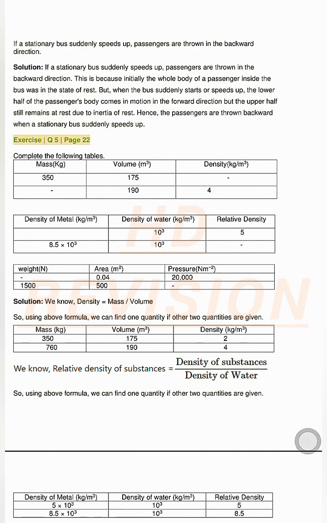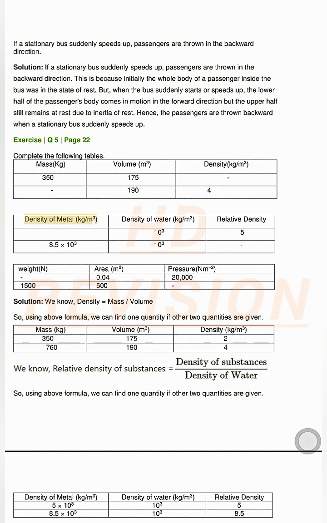Exercise Q5, page 22. Complete the following tables. Mass kilogram, volume m3, density kilogram per meter 3. 350, 175. 190. 4.